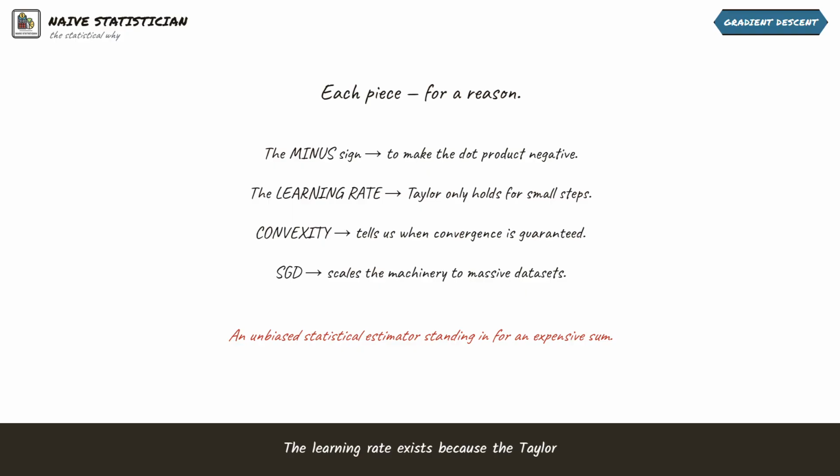The learning rate exists because the Taylor approximation only holds for small steps. The convexity story tells us when convergence to the global minimum is guaranteed. And stochastic gradient descent makes the whole machinery scale to massive datasets by using a sample of the gradient instead of the full thing, an unbiased statistical estimator standing in for an expensive sum.